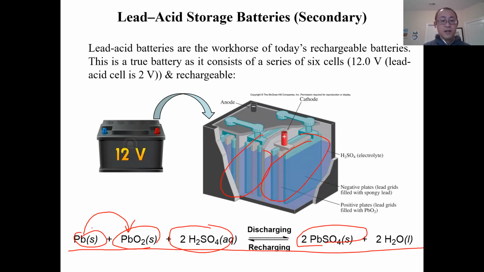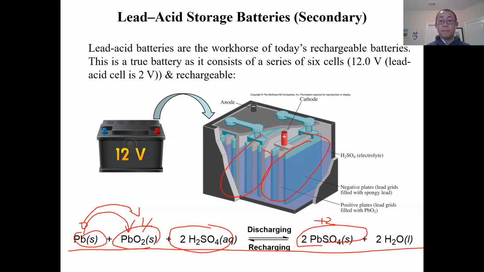One has a 0 charge, one has a 4 charge, but once one loses electrons to the 4 charge one, both will become 2 plus charge. 0 becomes plus 2, plus 4 becomes plus 2. One charge increases, one charge decreases. They all become 2 plus charge. And of course, lead 2 plus ions are not free. They combine with sulfate from sulfuric acid to become lead sulfate, which is also a solid on the plate.